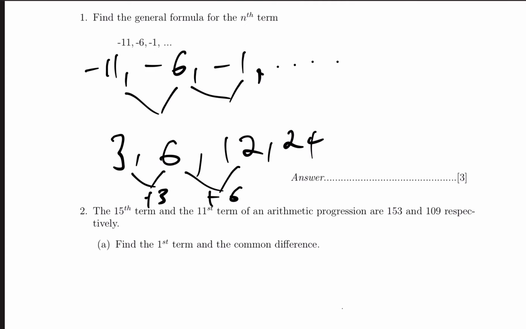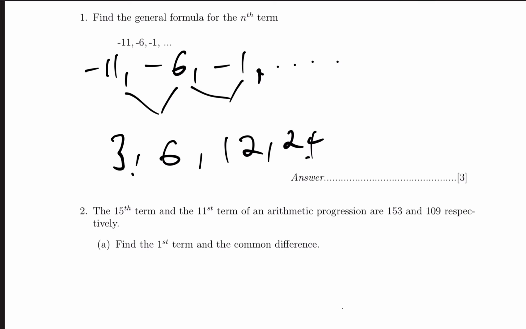The moment you realize the difference is not consistent, you know this is not an arithmetic sequence, so you remove the possibility from your head. Between 12 and 24 we have plus 12 as the difference, so this one is not an arithmetic sequence.